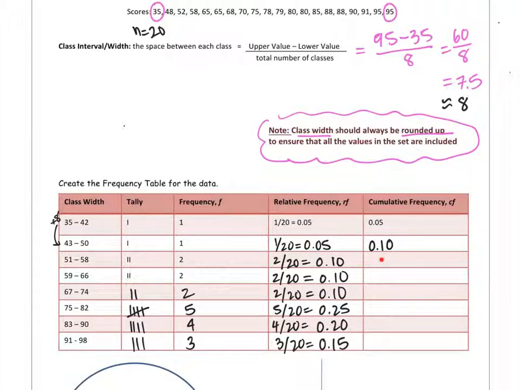If you're on the third row, you're going to add 3 of the rows now. So if you add 0.05 with 0.05 and 0.10, you get 0.20. If you're on the fourth row, you're going to have to add 4 of the rows. So if you add these 4, you get 0.30.